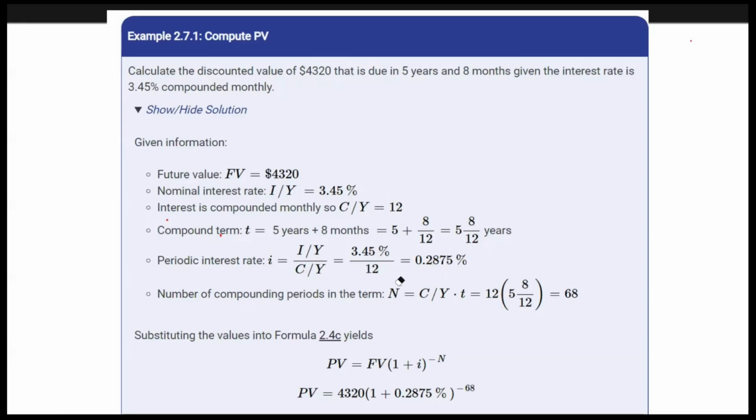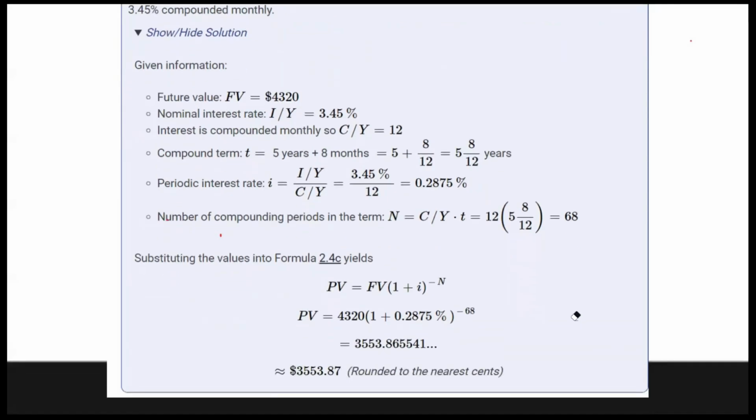For the periodic interest, you have to divide this annual value that is given here by 12. The number of compounding periods is the frequency of compounding times the time, which is 12 times 5 and 8 over 12. You get 68. You put it in the formula, and you will get the answer.